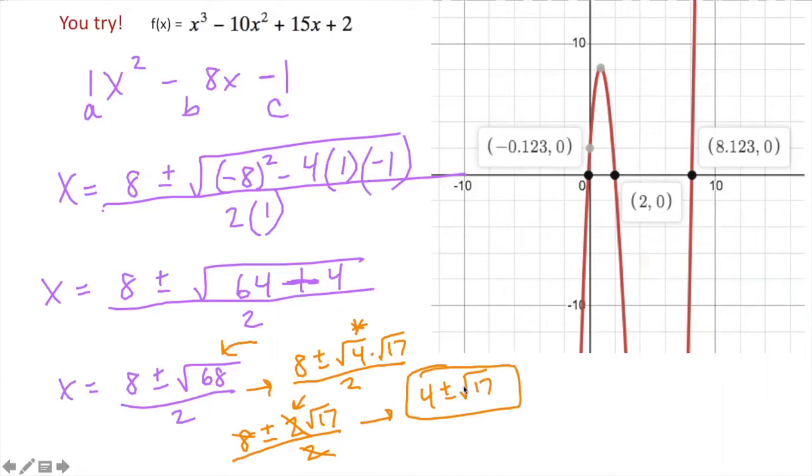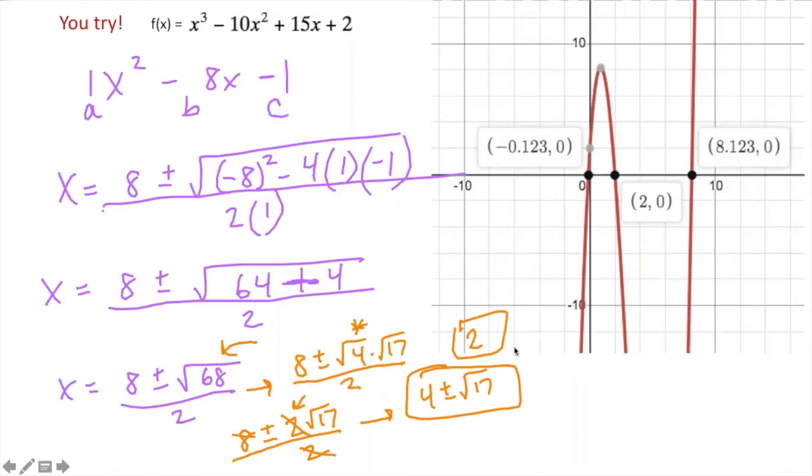So there are 2 of our real but irrational zeros or roots, 4 plus or minus root 17, and then the one that we got off of Desmos first was 2. Okay, so these are our 3 zeros of the function.